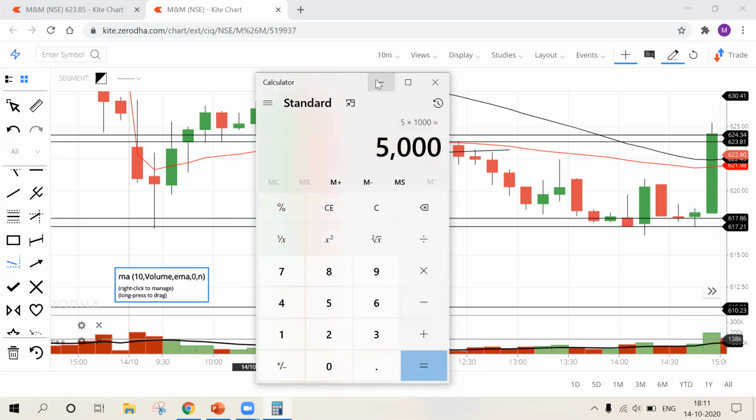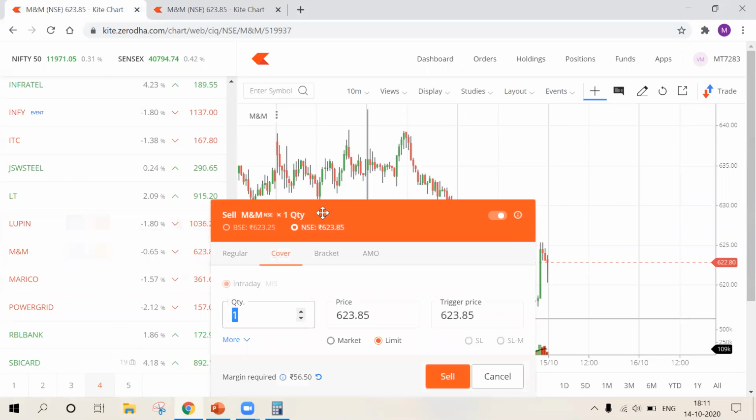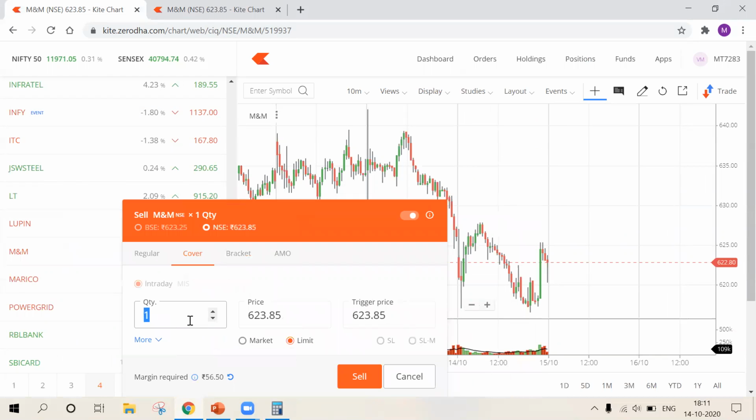To trade 1000 quantities, I only need M&M. I told you that I made a sell position, and for 1000 quantities I need 56,502. Oh, it's huge. Let's trade with 100 quantities, let's be realistic.